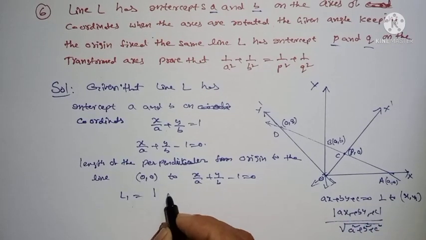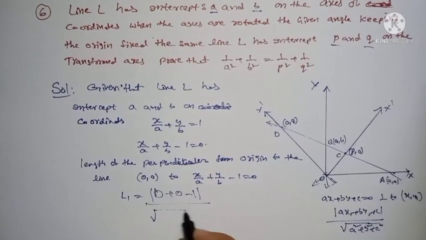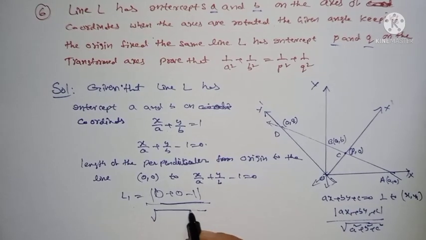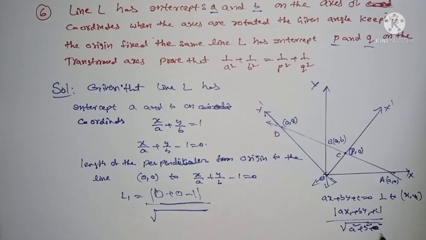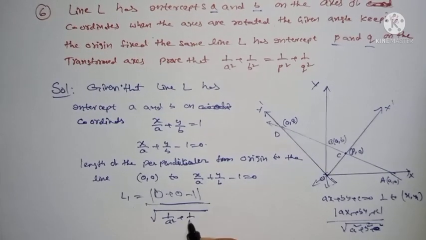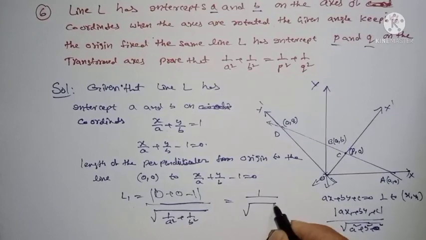Therefore I can write 0 + 0 - 1, mod, under root of 1/a square plus 1/b square. This is mod 1 by under root of 1/a square plus 1/b square. You got this as equation number 1.